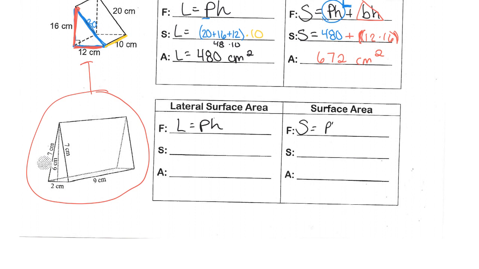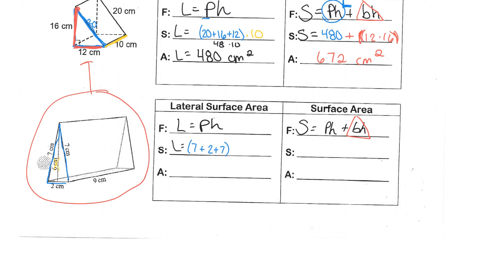Surface area is lateral area plus base times height of the triangle. So let's focus on lateral area. It's the perimeter of the triangle. So the perimeter is 7 plus 2 plus 7.